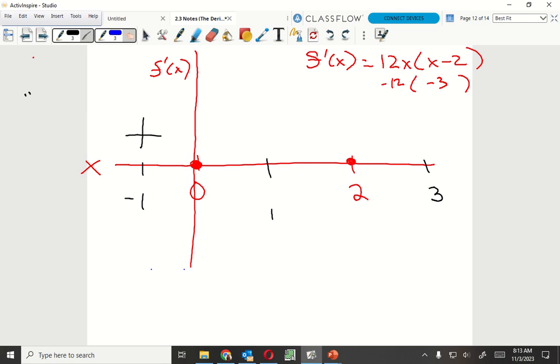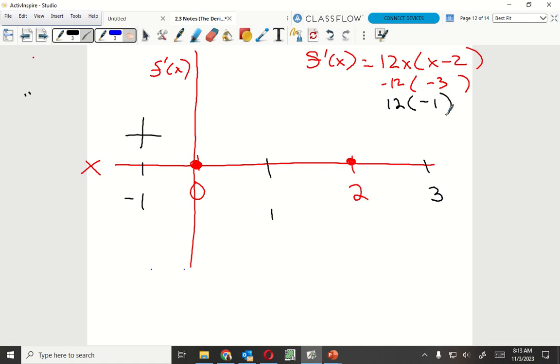Anyway, alright, so get back to this. Everything over here on the left side is going to be positive. If it was going to be different, it would have to cross the x-axis again, and I did not find that in my equation. So now the next one I'm going to plug in is +1. If I plug in +1, I'm going to get a +12, and I'm going to get a -1, right?